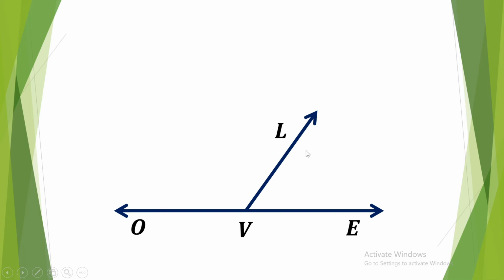Next, we have this figure. Take note again. In here, we have a pair of adjacent angles. Can you name them? Very good. We have angle LVE and angle LVO with a common ray, ray VL. Now, can you name the two non-common rays of those two angles?